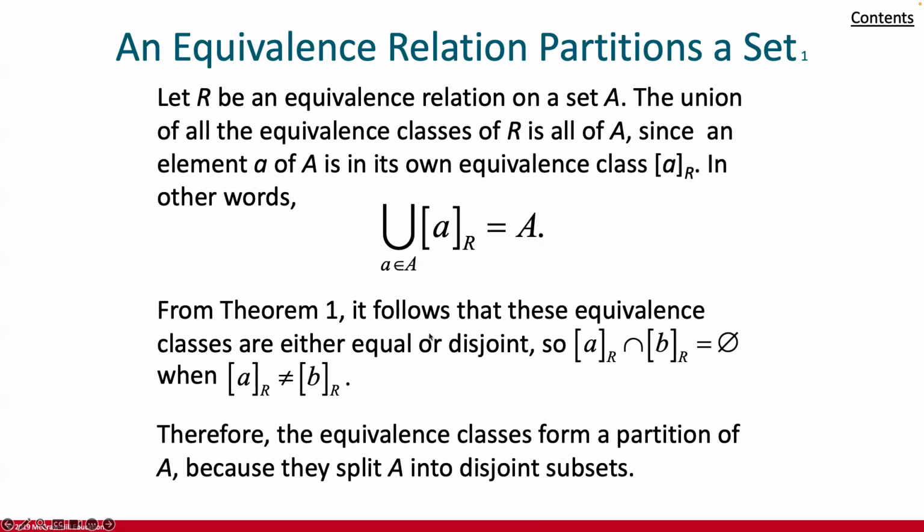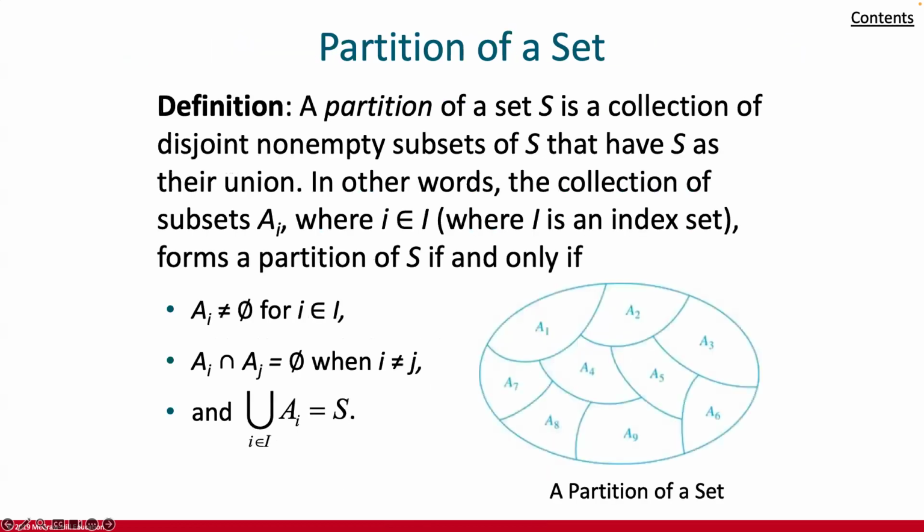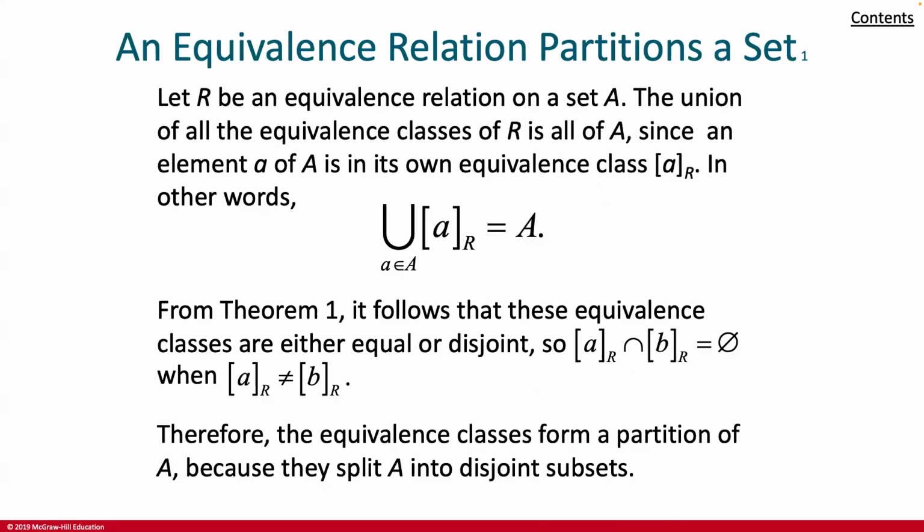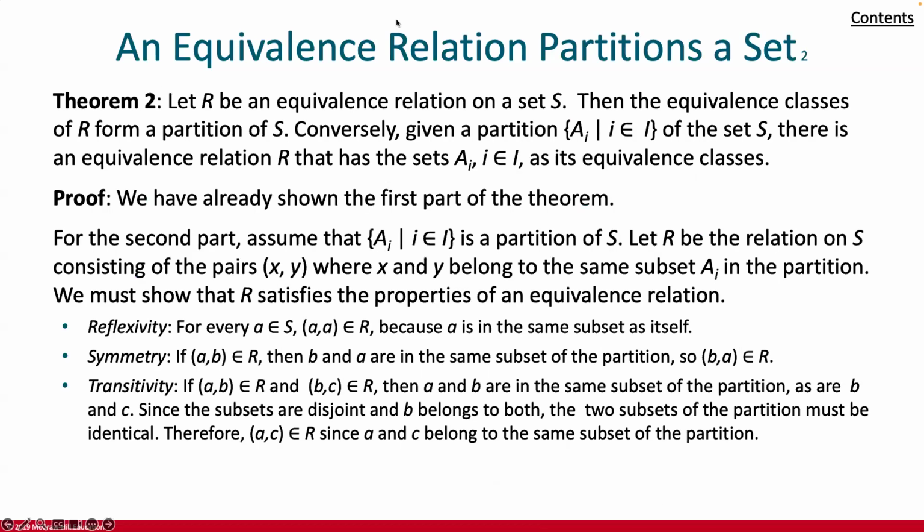And so from theorem 1, it follows that these equivalence classes are either equal or disjoint. And you could see these equations. Therefore, the equivalence classes form a partition of A because they split A into disjoint subsets. So here we see disjoint subsets, and so we're getting a chance to see this a little bit more there.